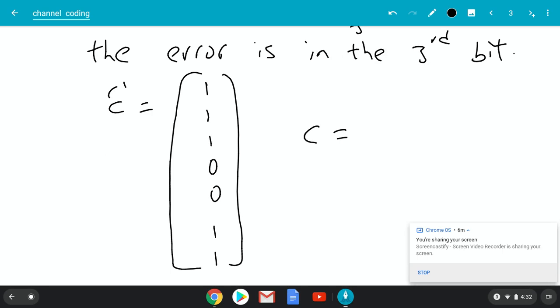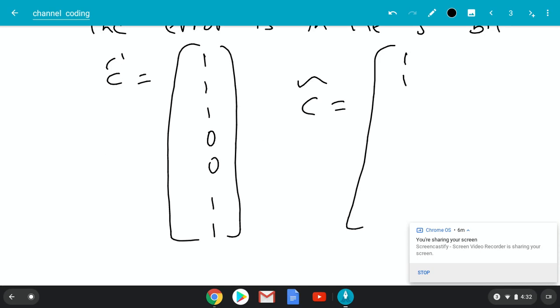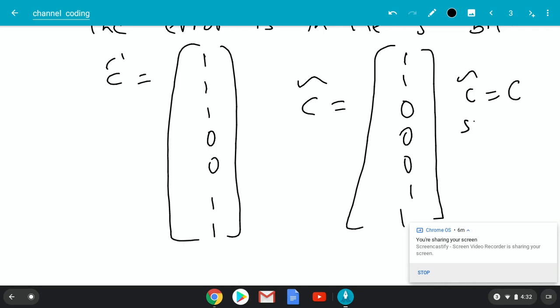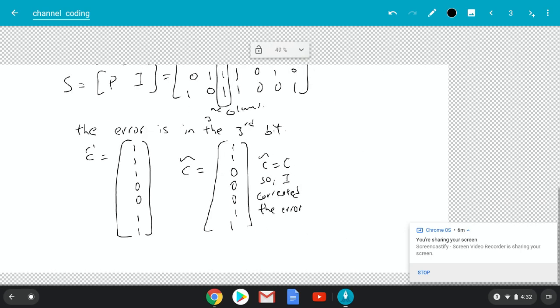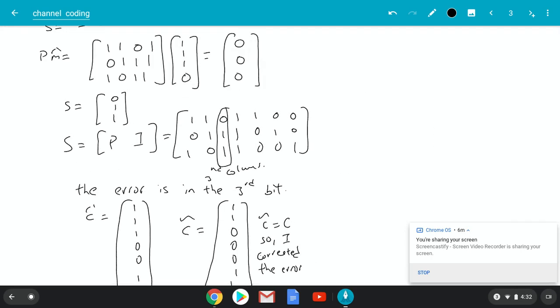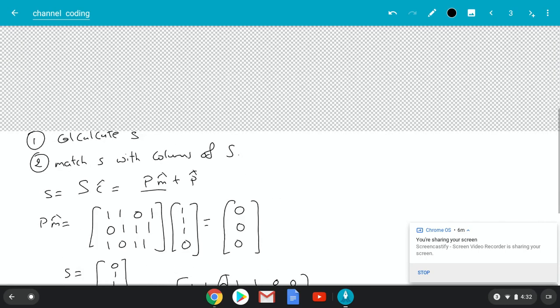So my estimate of c, let's call it c tilde, is 1100011. Okay, so in this case, it turns out that there was only one error, and my c tilde is actually equal to c. So I corrected the error, right? So this way you can see that if there's only a single error in the transmission, then you can actually correct it using this method.